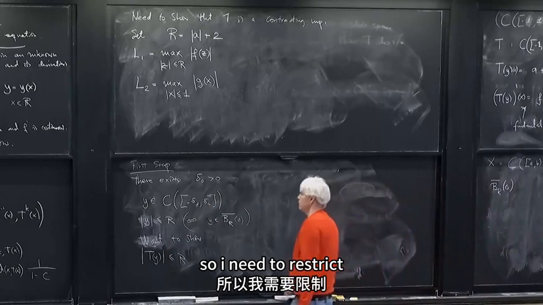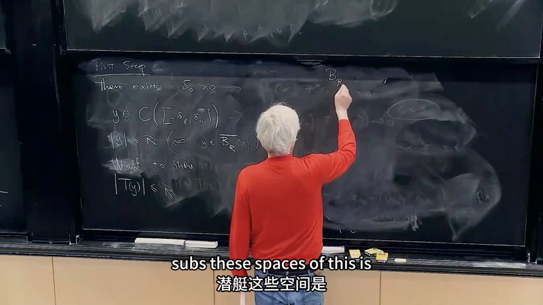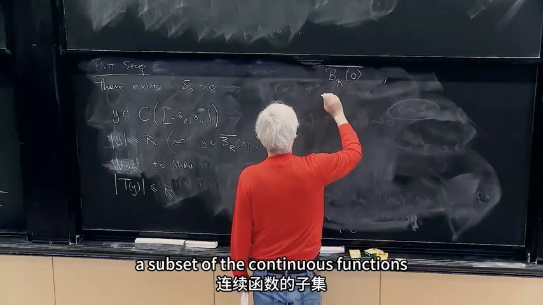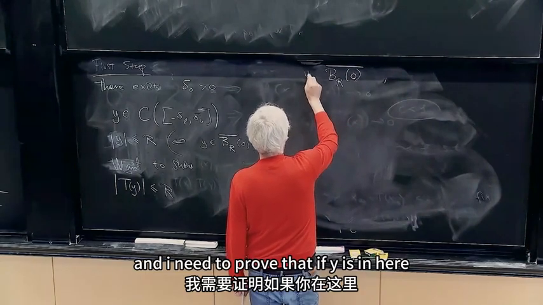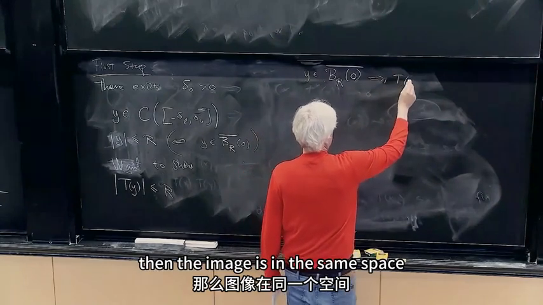So I'm going to look at these spaces, this is a subset of the continuous functions. And I need to prove that if y is in here, then the image is in the same space.